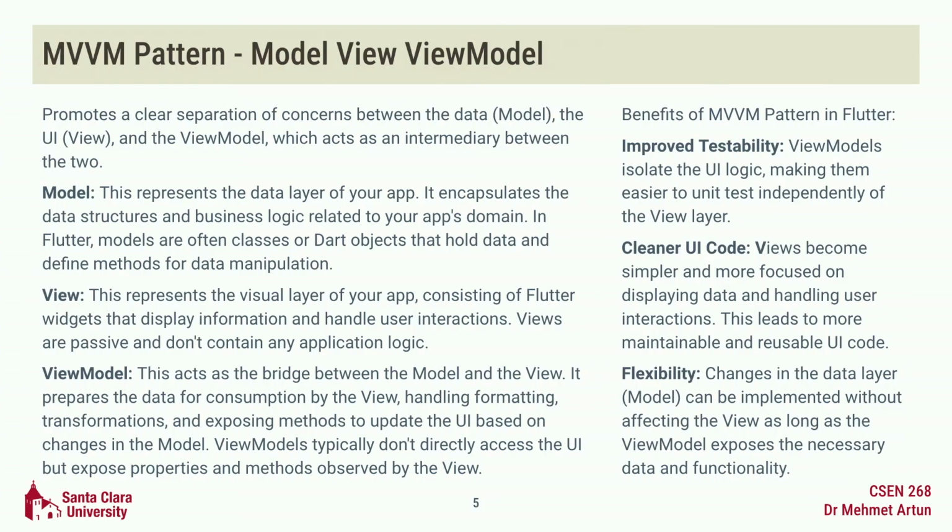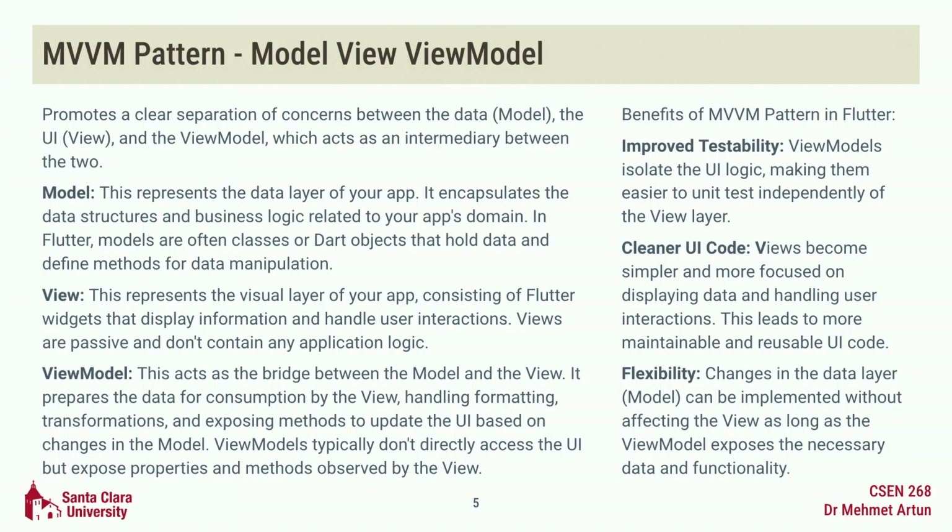And then you have a view model which basically says, I have this data here, and I have this presentation layer. How am I going to put this data into the presentation layer? That's the view model. And this way, the view and model are separated, right?